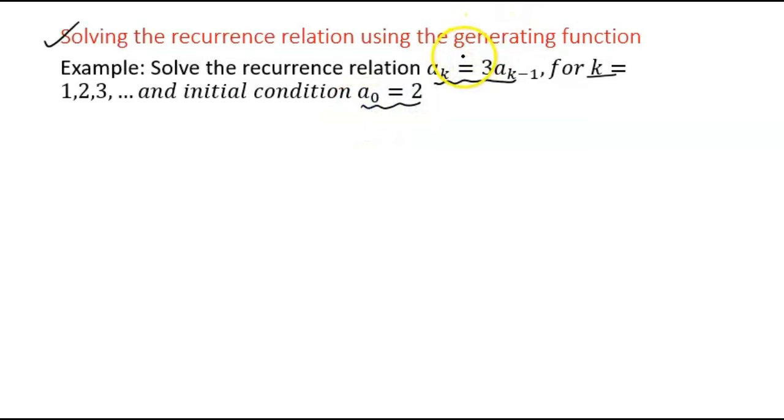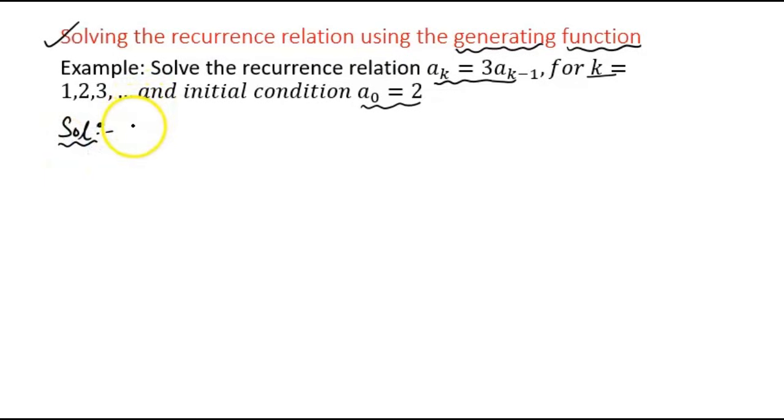An important thing is that we have to use the generating function process to solve it. The other process that we have discussed earlier can also be used, but we are going to solve it by the generating function method. So how do you write the solution?